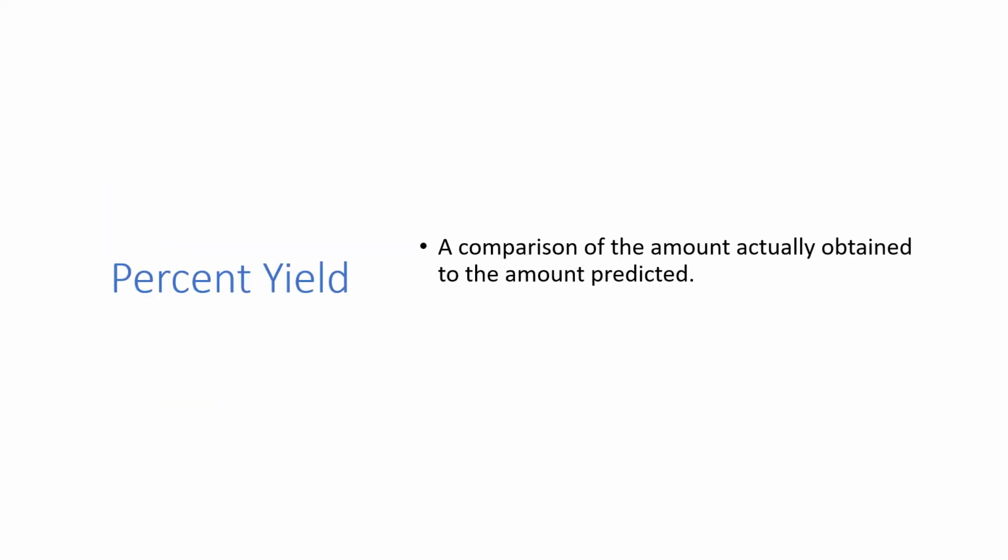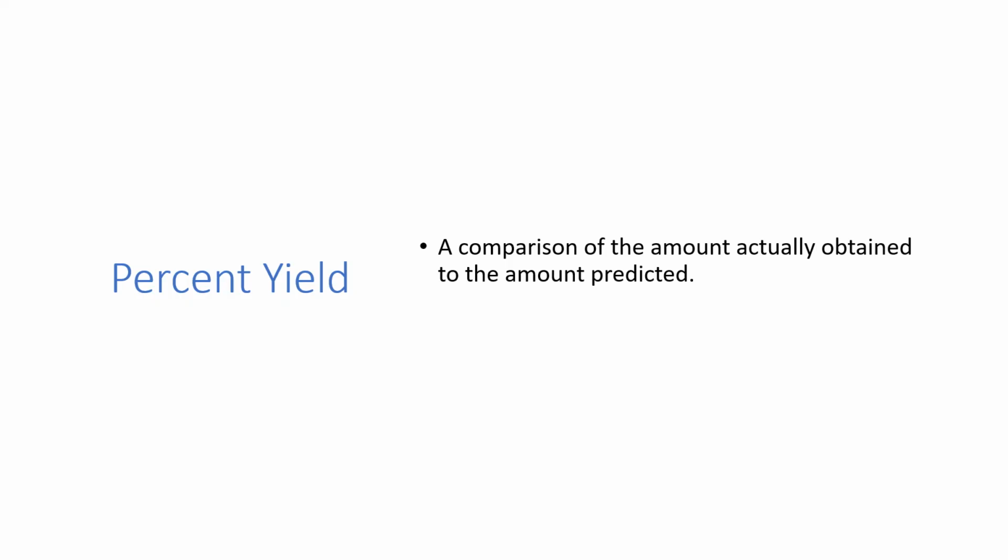Your percent yield is a comparison of amount actually obtained versus the amount predicted. So, syempre, kapag ikaw ay may projection, for example, ikaw ay may business, syempre, alam mo na dapat or meron ka ng pag-aaral kung gaano kadami dapat yung makukuha mong sales for today. That is your theoretical yield. Ngayon, kapag yung mga kliyente mo naman na papasok for the same day, magbabayad sila, and then syempre, yung makukuha mo doon is what you call the actual yield.